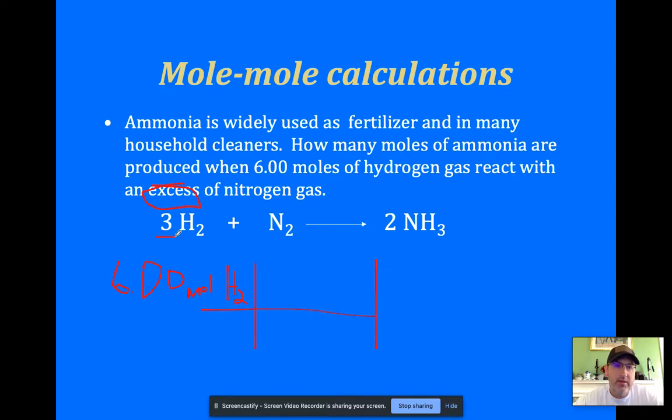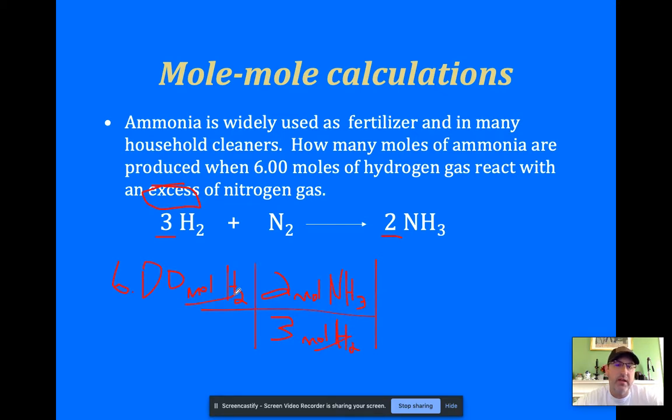Now here's our equation. Look it up for our mole ratio. For every 3 moles of H2, we get 2 moles of NH3.